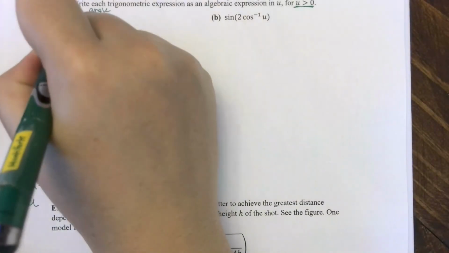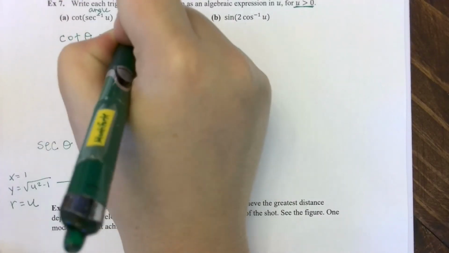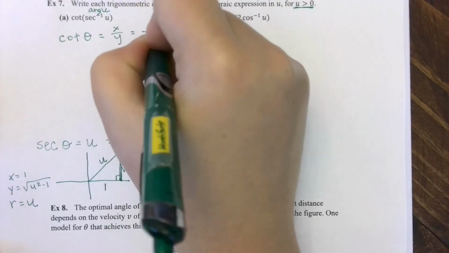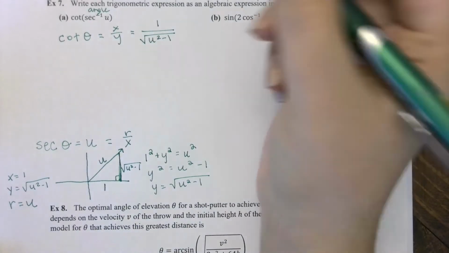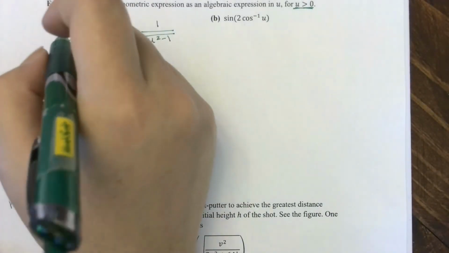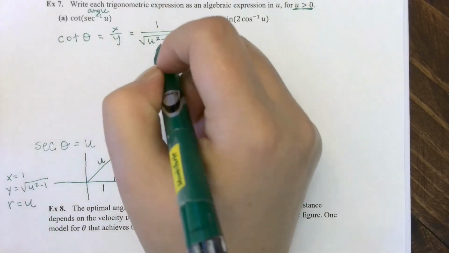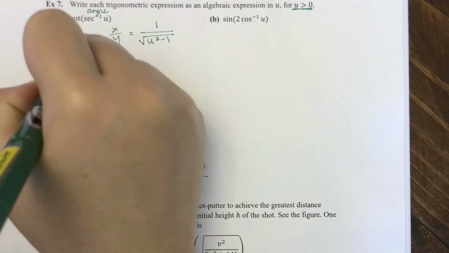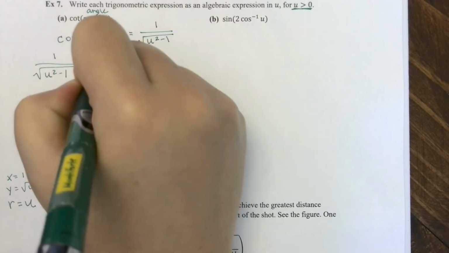So then cotangent of theta is x over y. That would give me 1 over the square root of u squared minus 1. We always need to rationalize our denominators, so we multiply the top and the bottom by the square root of u squared minus 1.